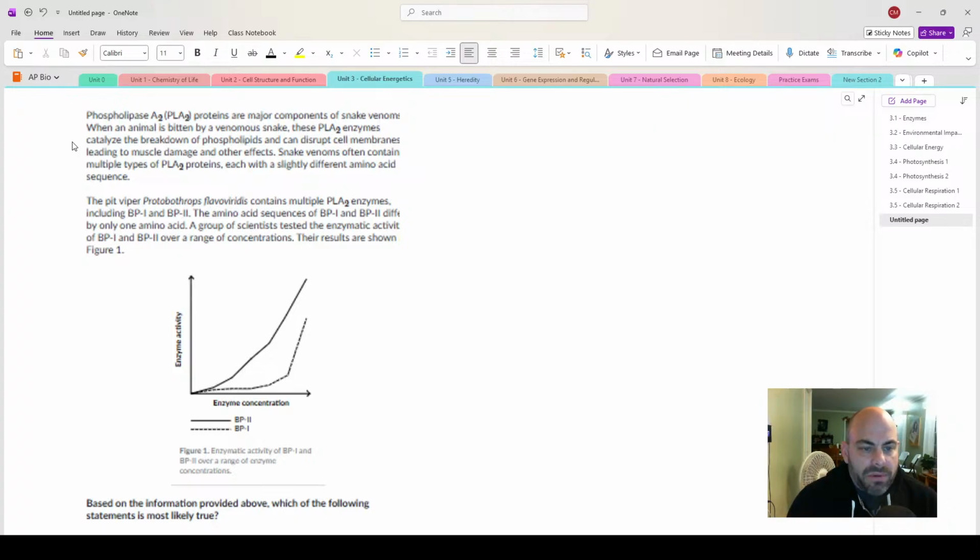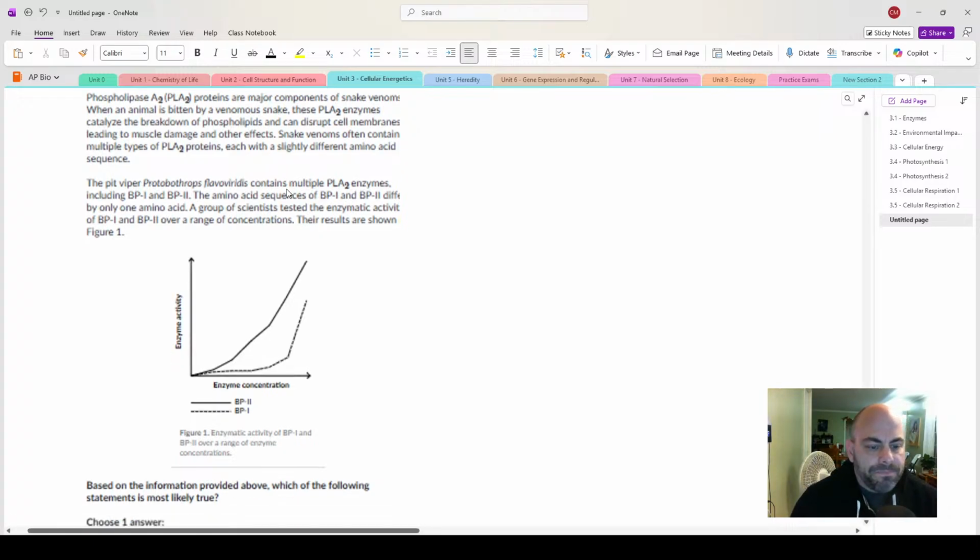The pit viper, Protobothrops flavoviridis, contains multiple enzymes, including BP1 and BP2. The amino acid sequences of BP1 and BP2 differ by only one amino acid. A group of scientists tested the enzymatic activity of these two enzymes, as shown there.